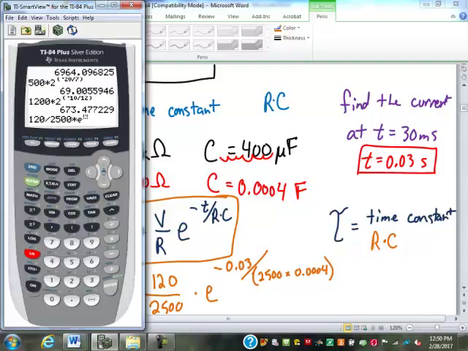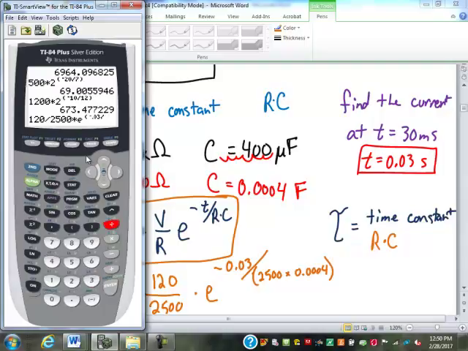So you hit that second e to the x. And now we have to put the power in there. Now here's one where you do have to use the negative key, and make sure you don't use the subtraction one. So you hit negative, and in parentheses, I'm going to put parentheses. I could have put parentheses first, it doesn't matter. 0.03 is my time.